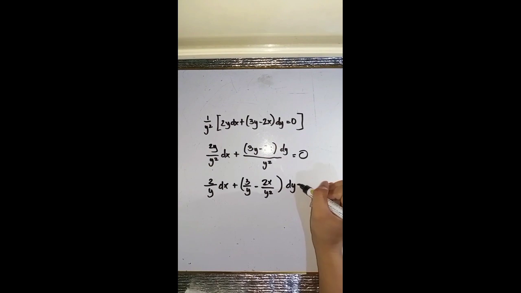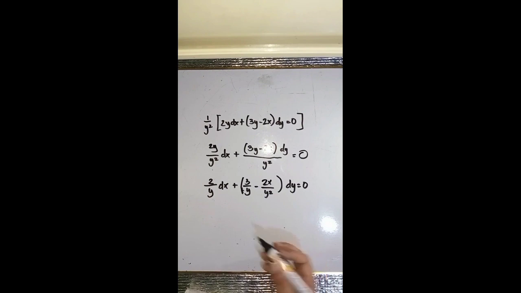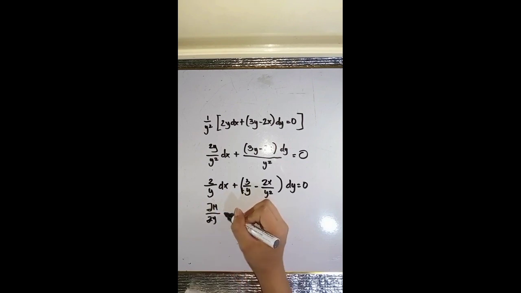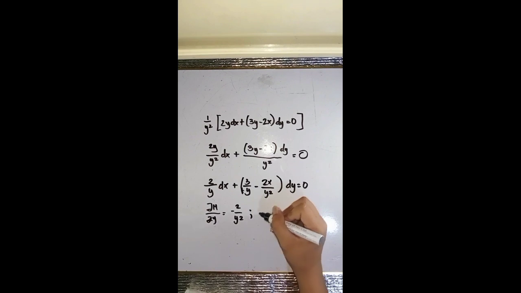So with this new equation that we get from multiplying the integrating factor to our original equation, we can now test it for exactness. The partial derivative of M with respect to y is equal to negative 2 over y squared, and the partial derivative of N with respect to x is equal to negative 2 over y squared.